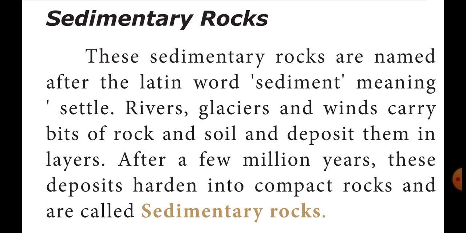Some of the water bodies like rivers, glaciers, winds, etc. carry some bits of rocks and soil and later deposit them in layers. After millions of years, these deposited layers become rocks. Those rocks are called sedimentary rocks.